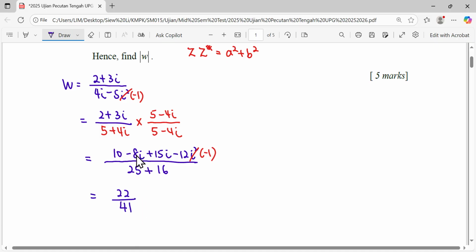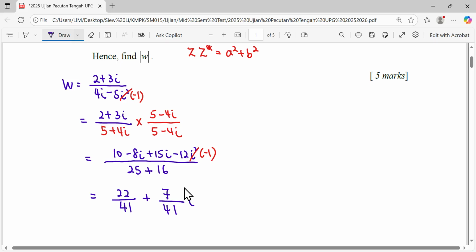Imaginary part, where negative 8i plus 15i gives us positive 7i over denominator 41. So this is our complex number expressed in the standard form, where in front here the first term is the real part, and the second term is followed by the imaginary part.